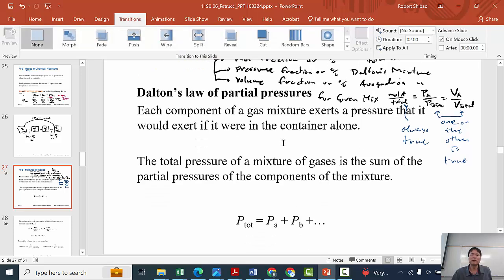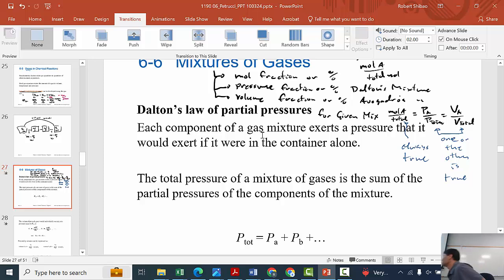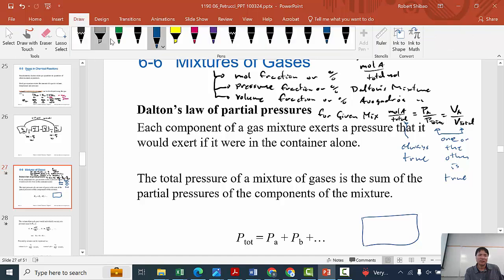Dalton's law is fairly simple. That is, the total pressure is what you get if you add the individual pressures. So let's say you had gas A and gas B, and then the total pressure would be the pressure exerted by the A particles hitting the wall and the B particles hitting the wall. We can see that visually, something like this. If gas A is these black ones, they're going to exert a pressure by striking the walls of the container, and that generates a force per unit area.